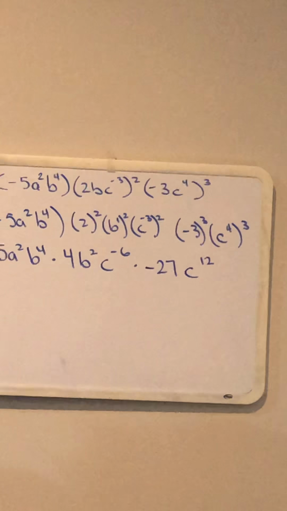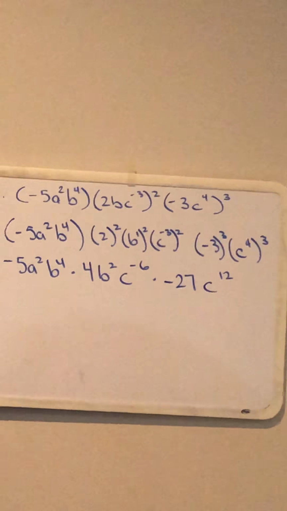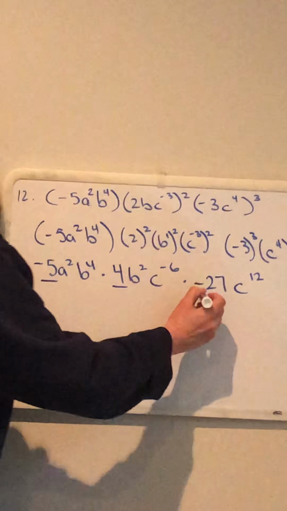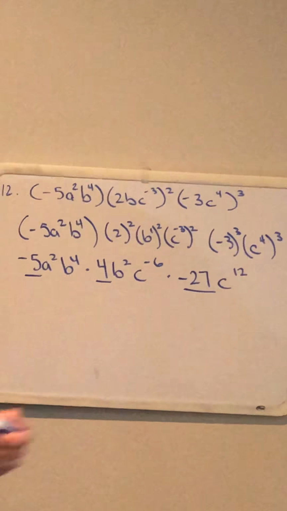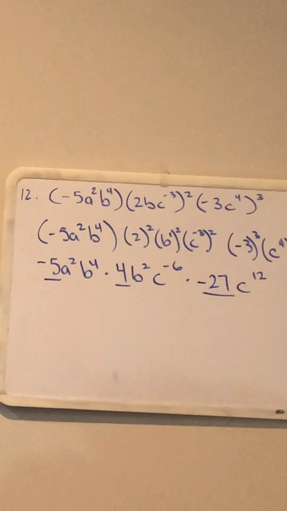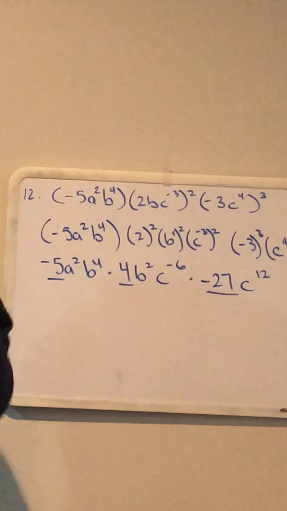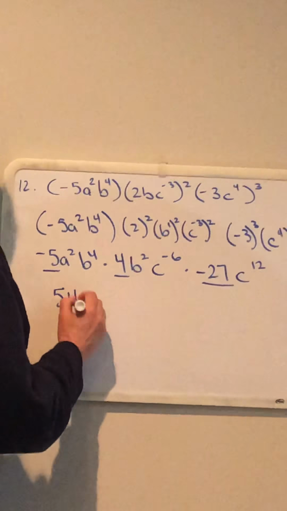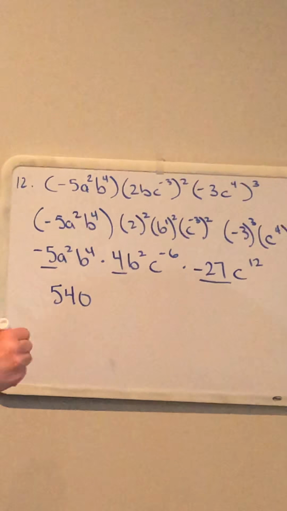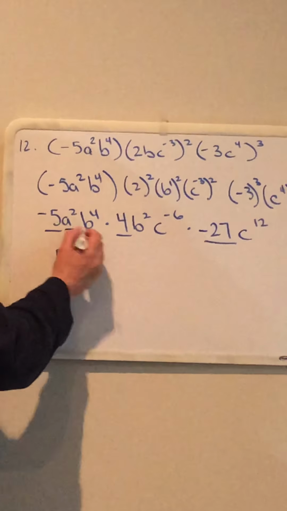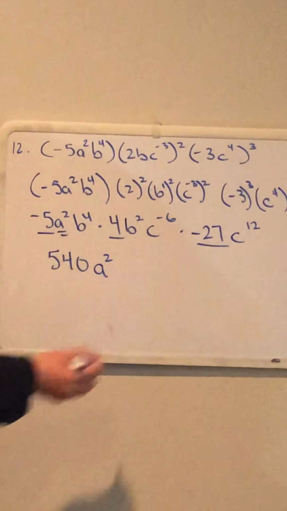Now I'm going to do the coefficient multiplication. Negative 5 times 4 times negative 27 is positive 540, and I saw that on a lot of your papers, so you did really well with that. Then to multiply the a's, I look for a's, and there's no other ones, so I just have a to the second.